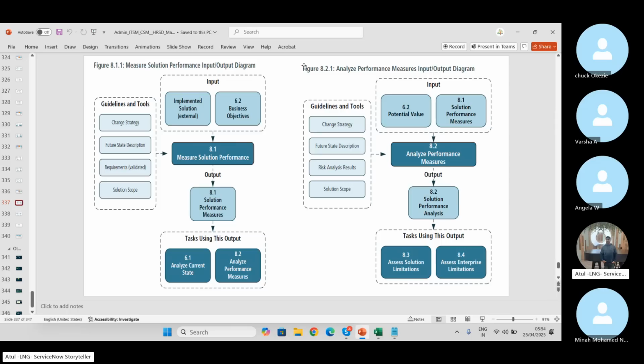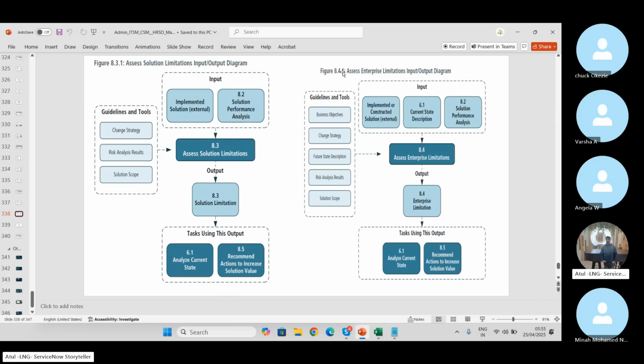Now you have a major solution, you have analyzed the performance measures. Assess the solution limitations. The solution which we recommended in the last step, we have to assess that.